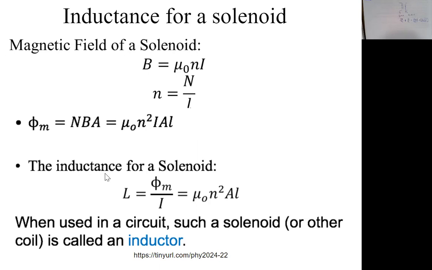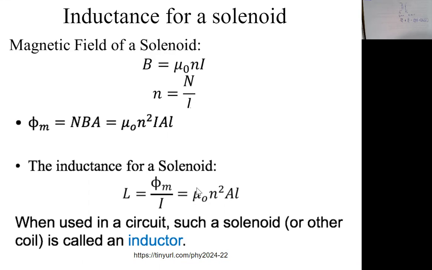So the inductance for a solenoid is equal to the total phi divided by I, because inductance is equal to the change in phi over the change in I. If you start from 0 to the final I, this is what you get: mu naught n squared times A times L, and then I will be divided already.